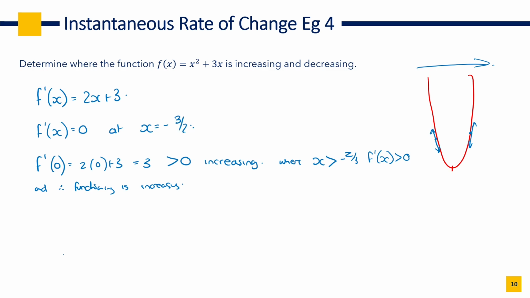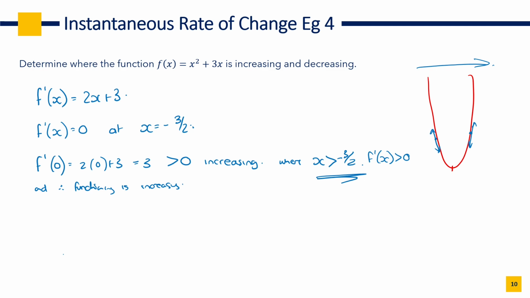X is minus 3 upon 2. So we are going to have to choose minus 2 as an example. We can't choose minus 1 because minus 1 is obviously sitting in that range over there with that minus 3 upon 2. So a reminder, I made a mistake there. I swapped my 2 and my 3 around. Our turning point is at minus 3 upon 2, so we have to choose a value to the right.